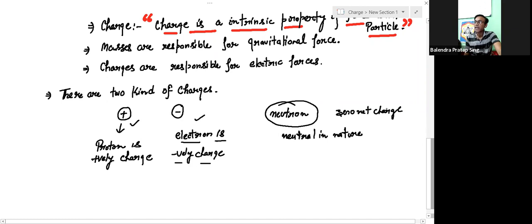If a body has equal amounts of positive and negative charge, then it's neutral.